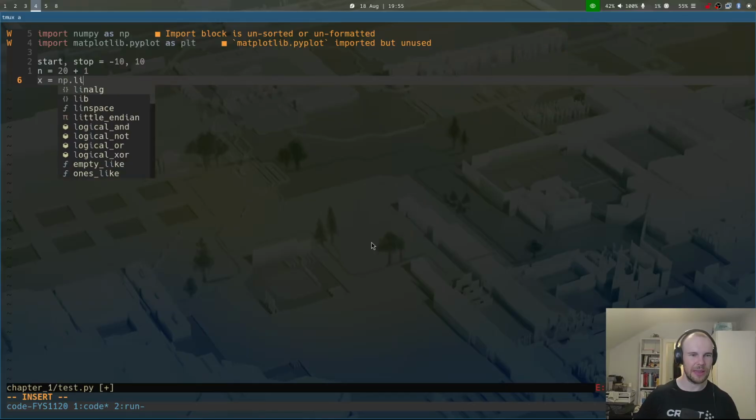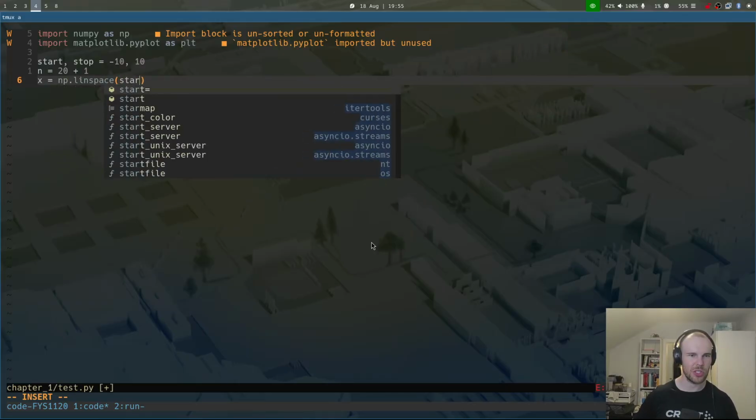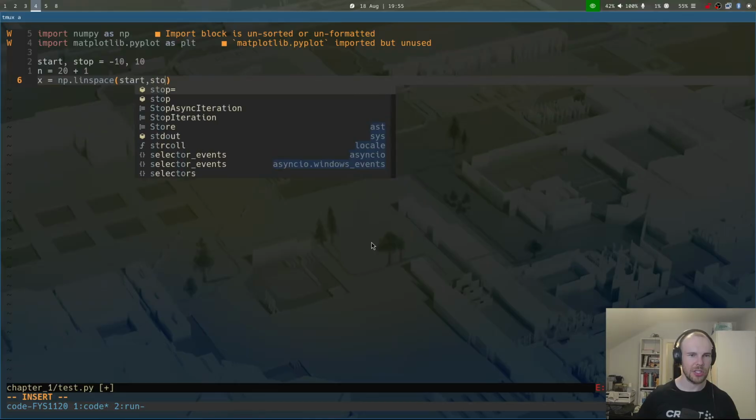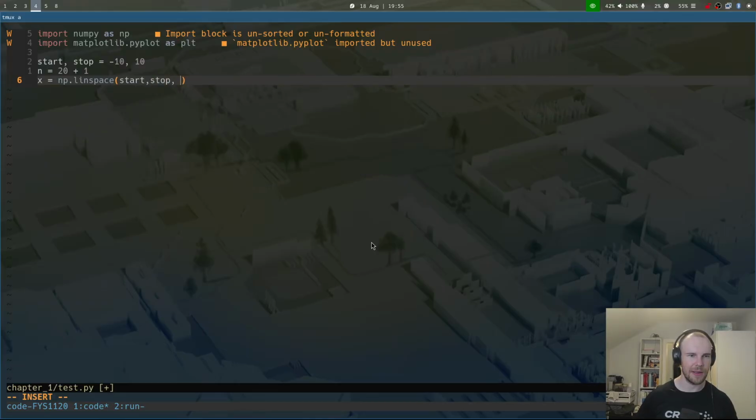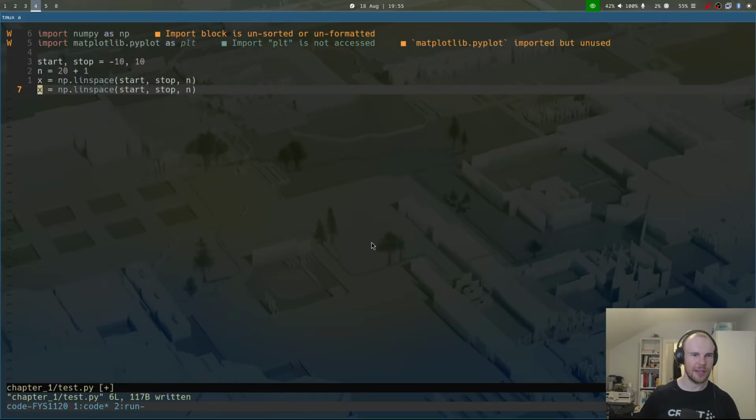Then I just do linspace with start, stop, and of course I could do the same here and use y. That should be all right.